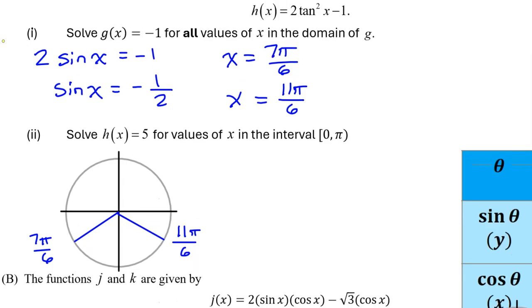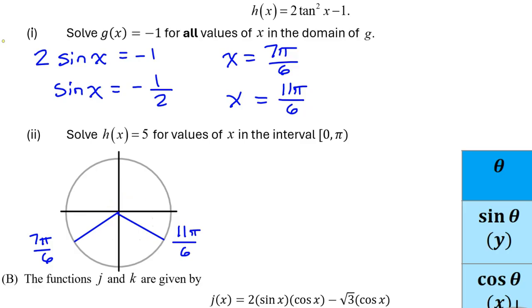So you can get to another solution from the 7 pi over 6 by adding 2 pi. Adding 2 pi takes you all the way around and back to where you started from. And if I add another 2 pi and another 2 pi, that'll be another solution and another solution.